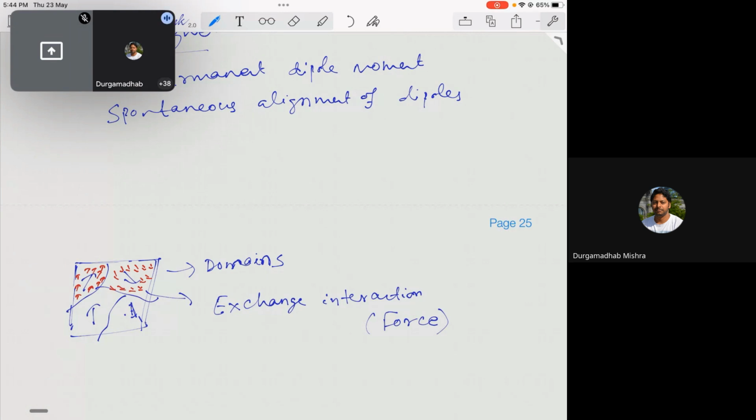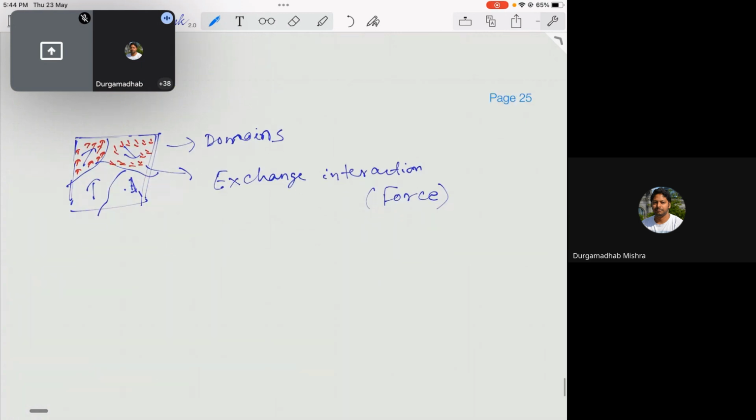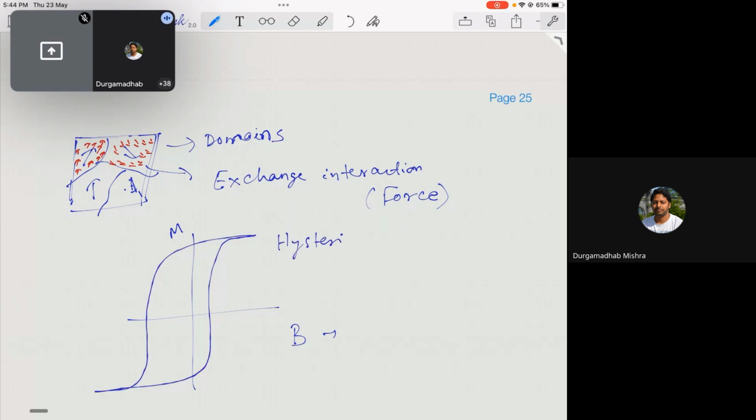What happens when you apply a magnetic field in this case? Which you are also familiar with: if I apply a magnetic field to a ferromagnet and look at the magnetization, what I see is a hysteresis. This is a very unique feature of ferromagnetic material. That means the magnetization value depends on the history, on where you were.